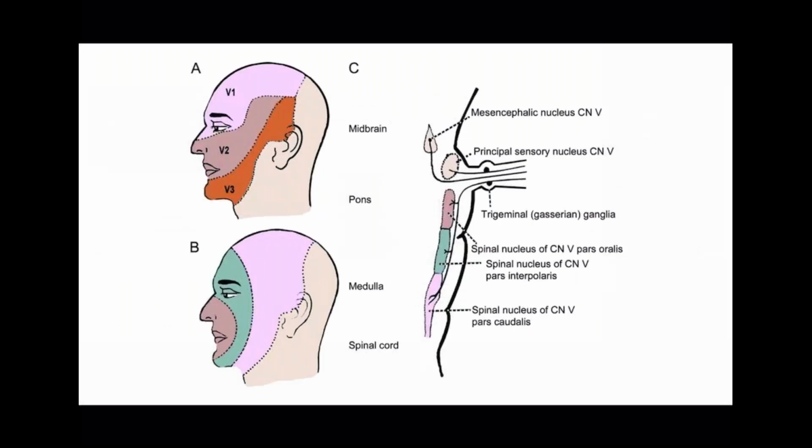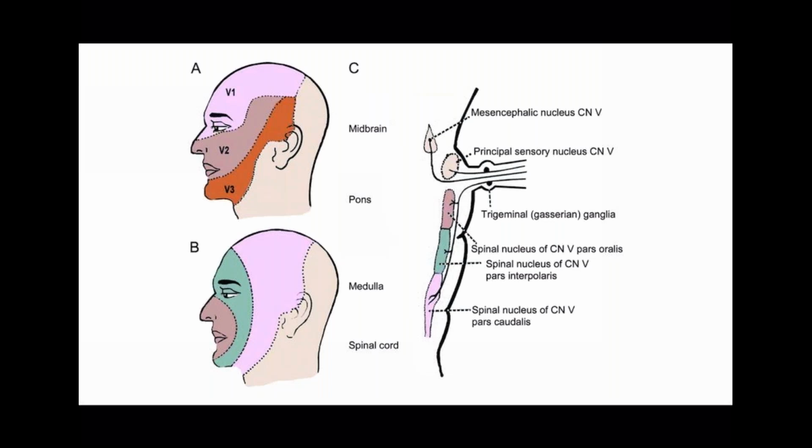So here what is important clinically, if you correlate it with the colors, as we go down, the spinal nucleus, what we call pars caudalis, which is at the end, is responsible for the sensation of the lateral side of the face, the outer part. And as we go up, it's more central.